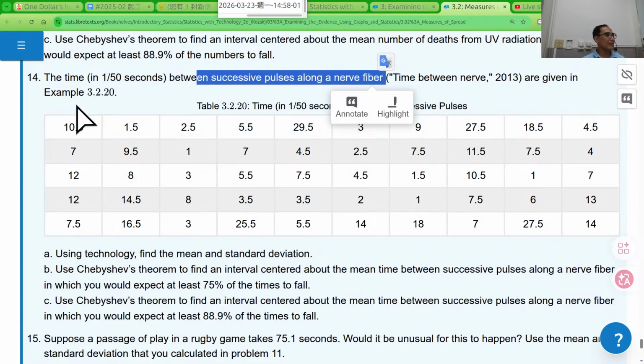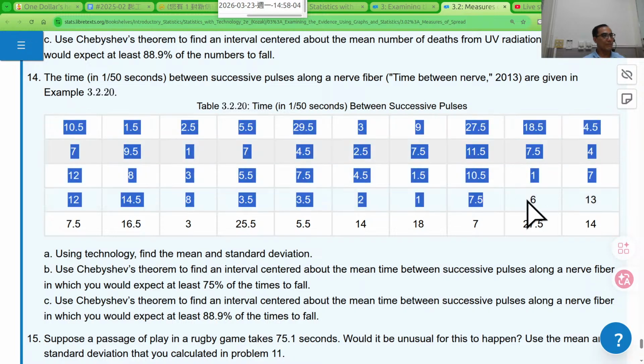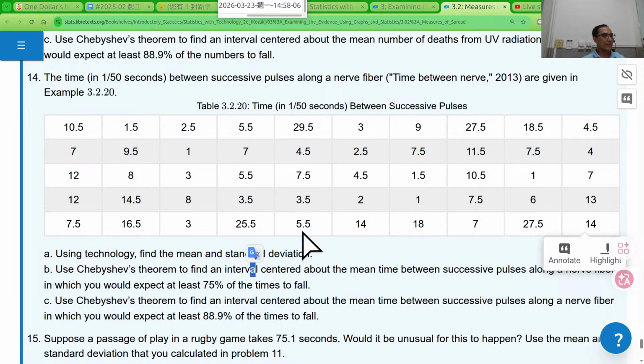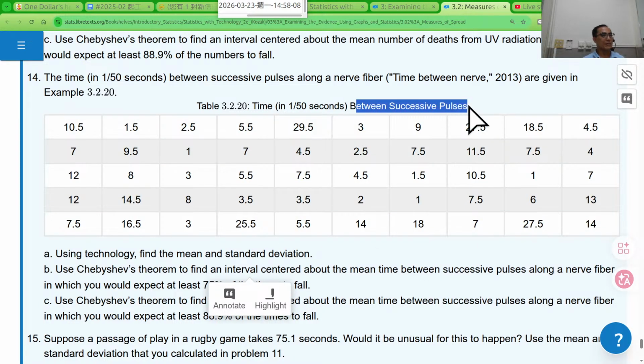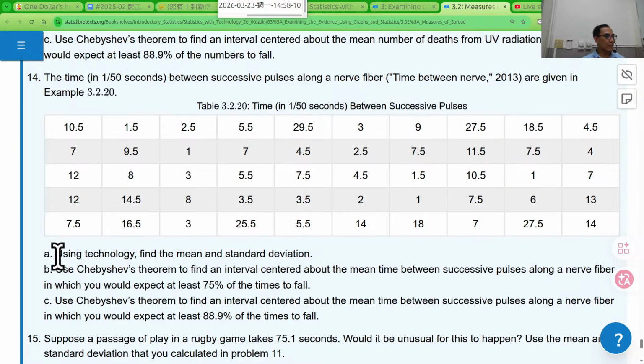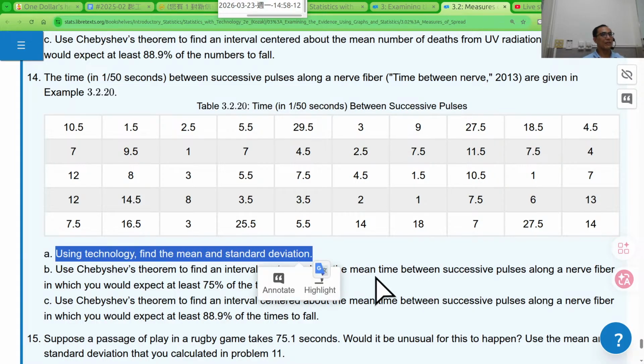Okay, the given example: time between successive pulses, and use technology to find the mean and standard deviation. Okay, let me show you how to do this.